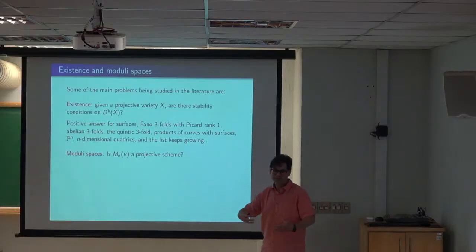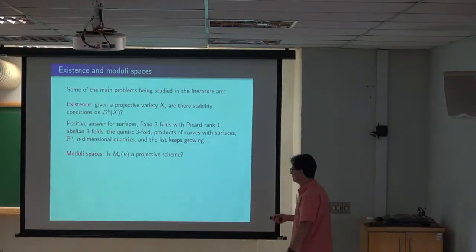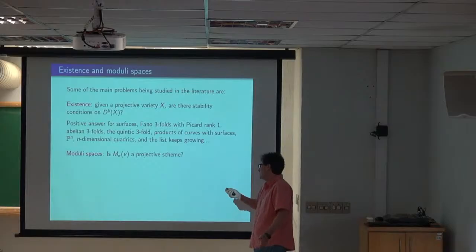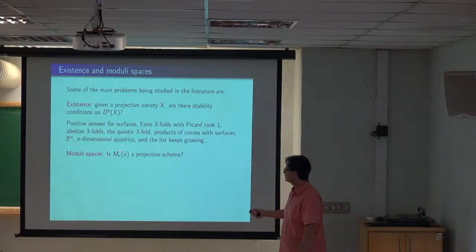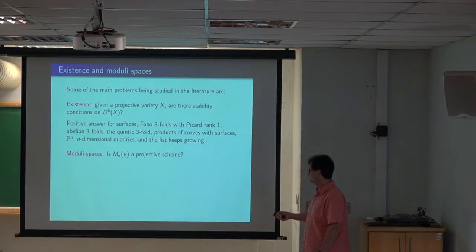Does this set of stable objects have any geometric structure that we can work with? In particular, the dream scenario, so to speak, and that's not saying a lot, is asking whether the set of all sigma-stable objects, that's to say, objects that are stable with respect to a given stability condition, is a projective scheme.